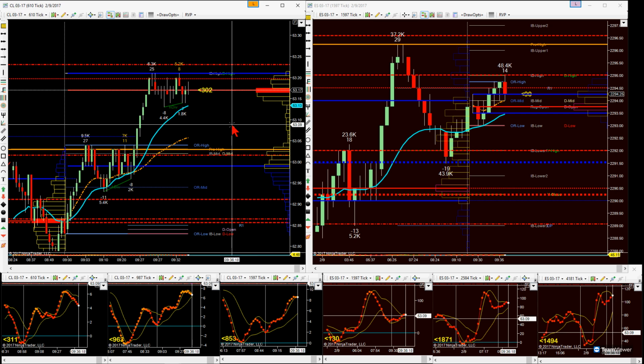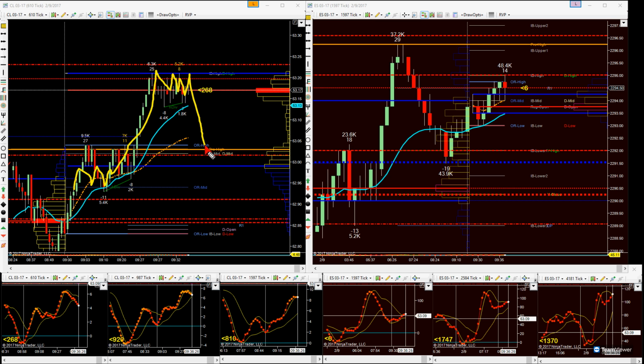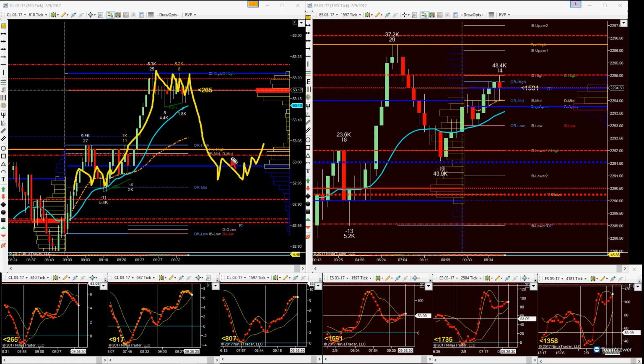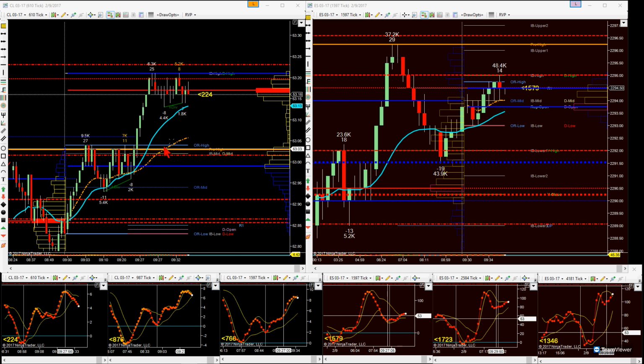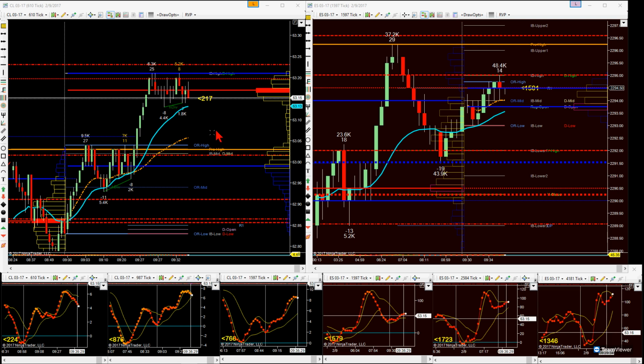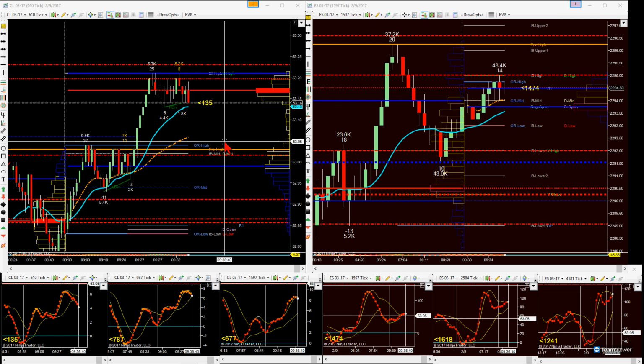Very well could be setting up for something along these lines. So we have consolidation here, push up, consolidation here, push down, consolidation here. Where it goes from there, I couldn't tell you. I'll use some of our indicators to help me with that, but that would be a fairly classic pattern.